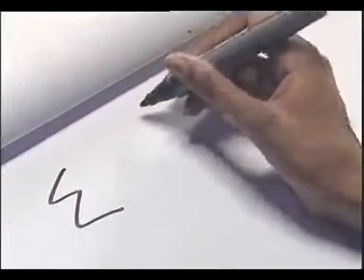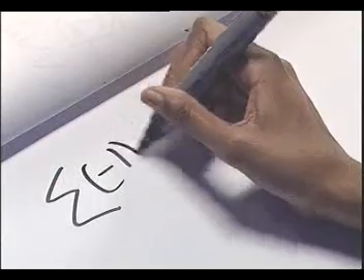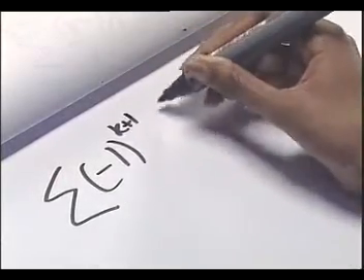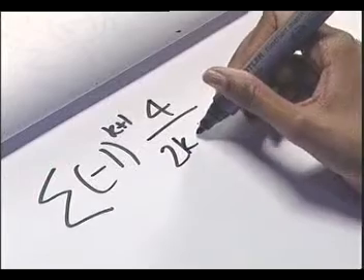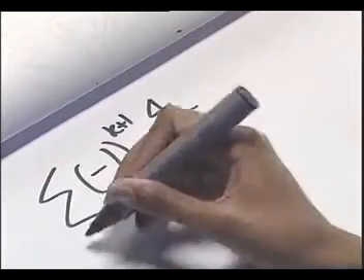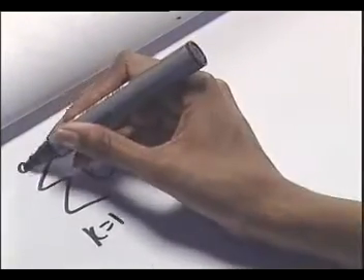Here's another useful infinite series. This time we have the sum of (-1) to the k plus 1 all times 4 over 2k minus 1. And again, k goes from 1 to infinity here. Let's work out the 4 over 2k minus 1 bit first.